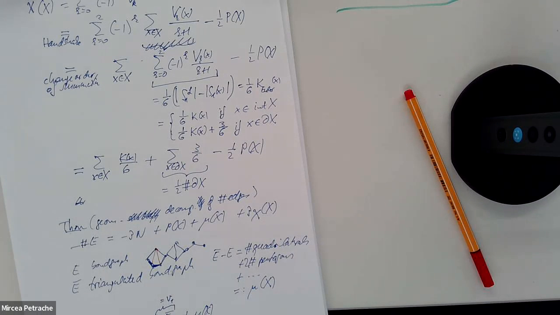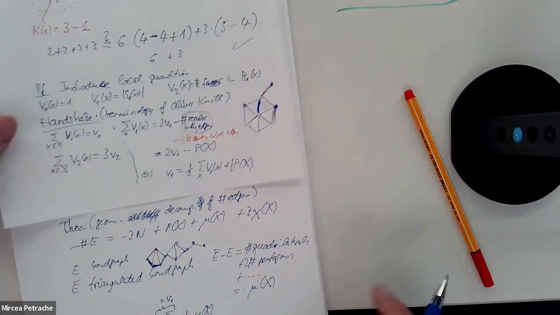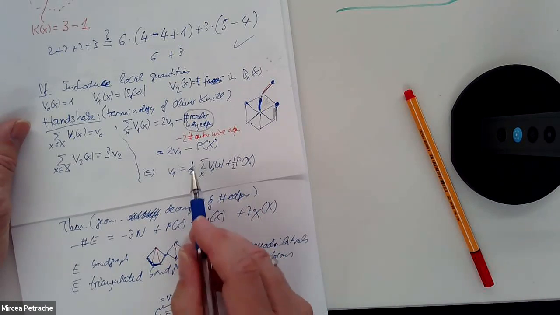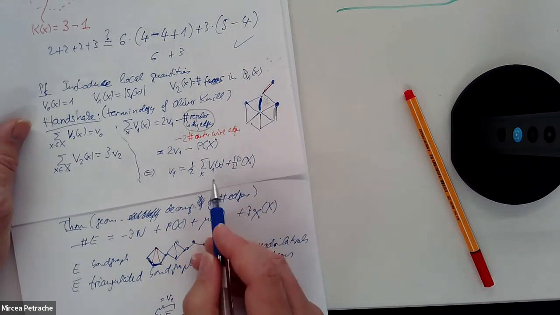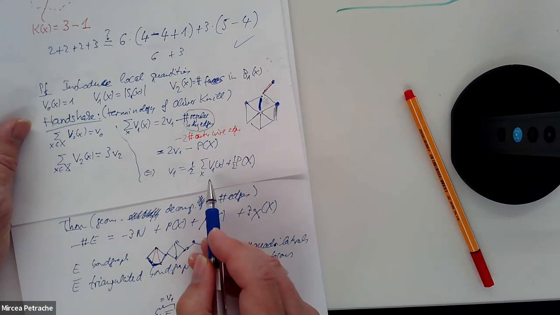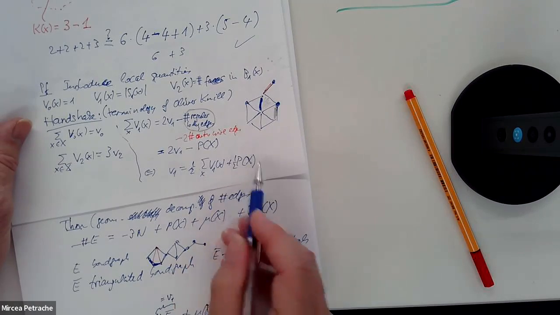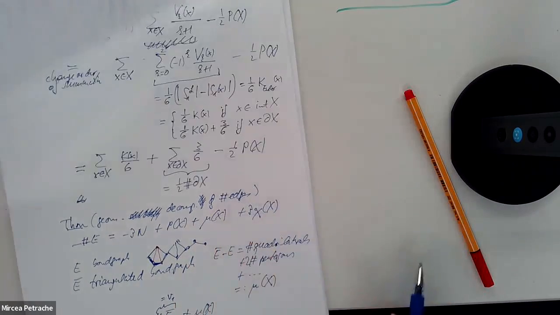And now I use the handshake again. So let me bring this up here. We worked out by handshake that V1 is basically this quantity here. So it's just the local size of the unit sphere at x summed over x plus a global quantity, which is the perimeter.